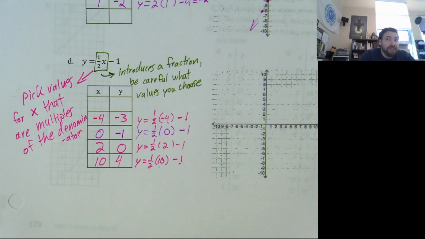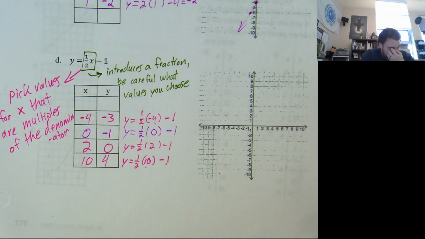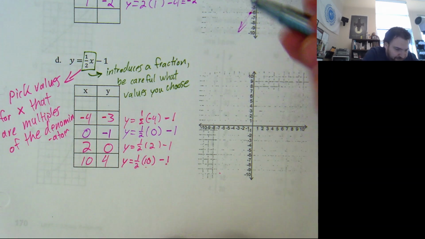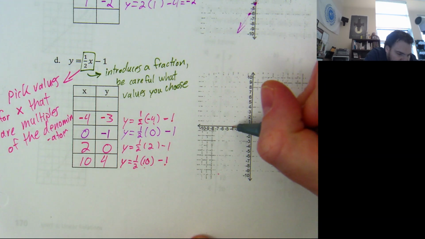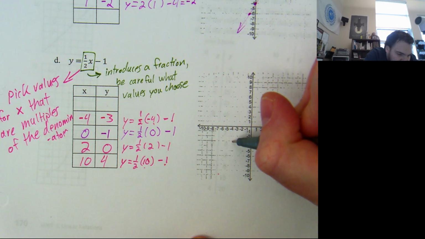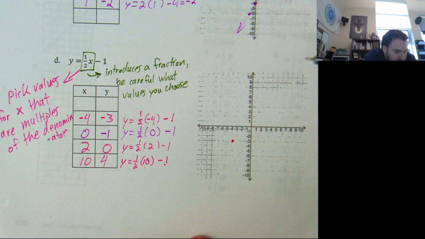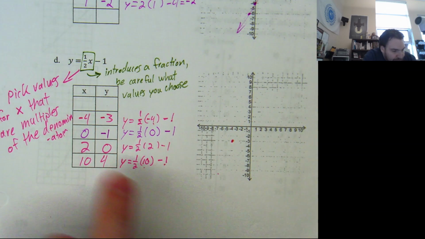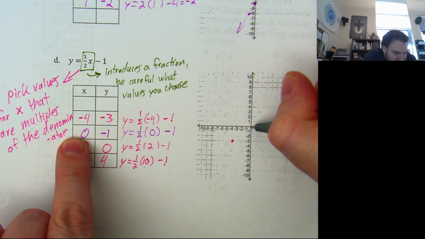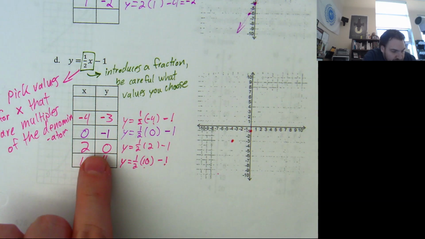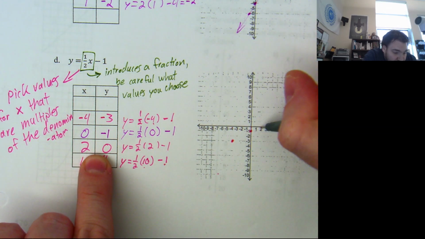So let's plot all 4 of these points and see if what we've got is a line. I want -4, -3. That's going to be this guy. I'm going to go left 4 and down 3. 0, -1 is going to be just on the y-axis at -1. And then 2, 0 means I'm going to the right 2.